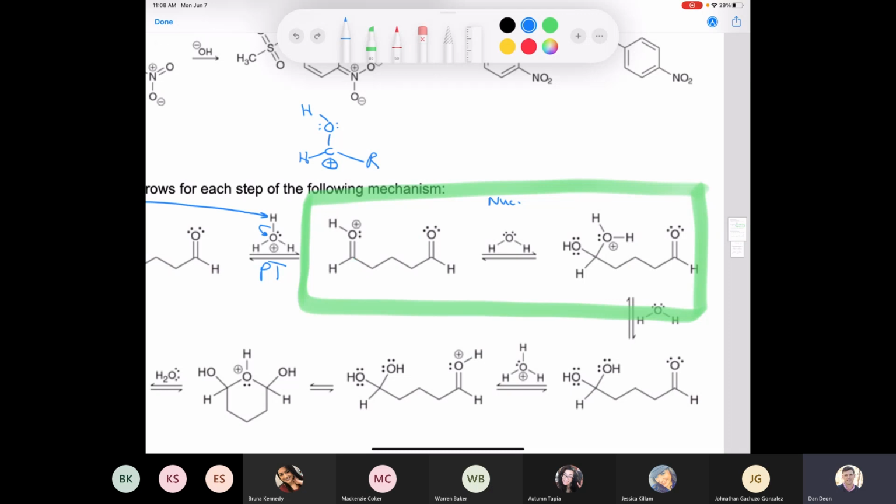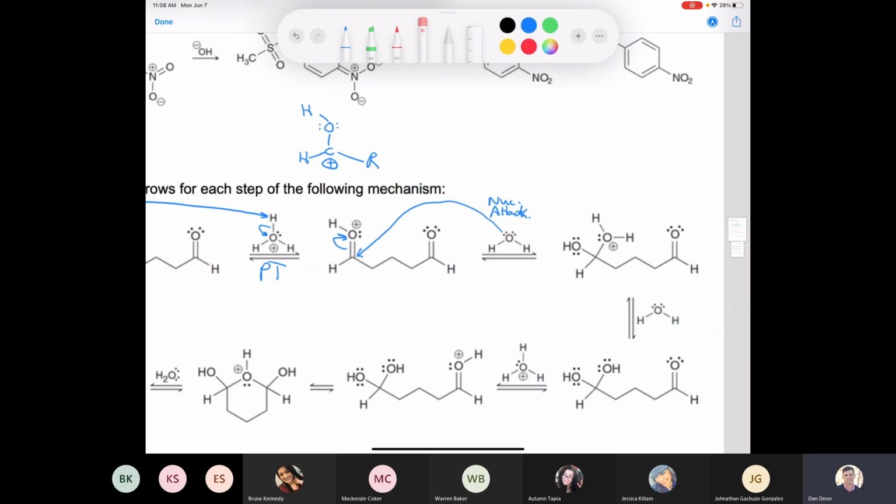So what's happening here is a nucleophilic attack. The water is acting as a nucleophile and it's going to attack right here, but you can't have 5 bonds to a carbon. So it's going to break a bond to form this hydroxyl. We're going to break this bond like that in the nucleophilic attack.